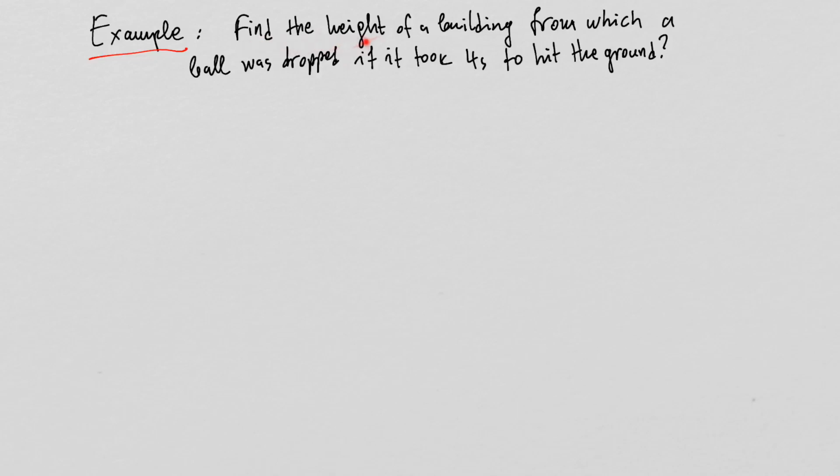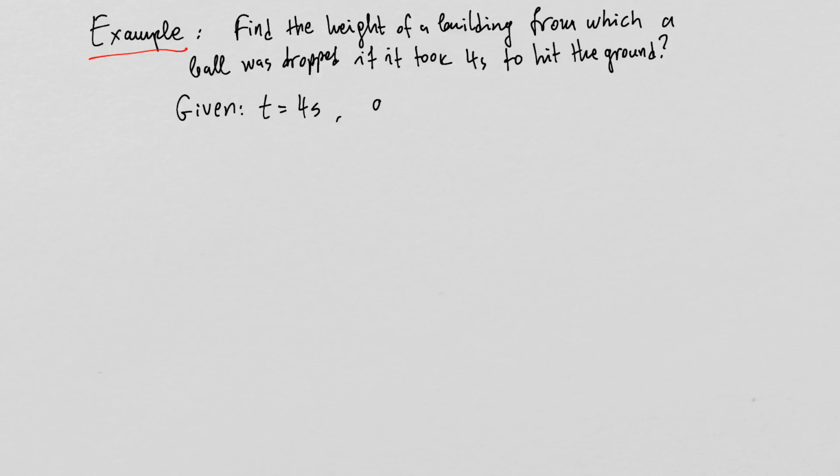Find the height of a building from which a ball was dropped if it took 4 seconds to hit the ground. So let's make a list of the quantities we know and the quantities we are looking for. We know the time for the fall, that is 4 seconds. And we don't have any more numeric information provided in the problem. However, this is a problem about free fall. The ball was dropped from a building, which then means that I also know the acceleration of motion.